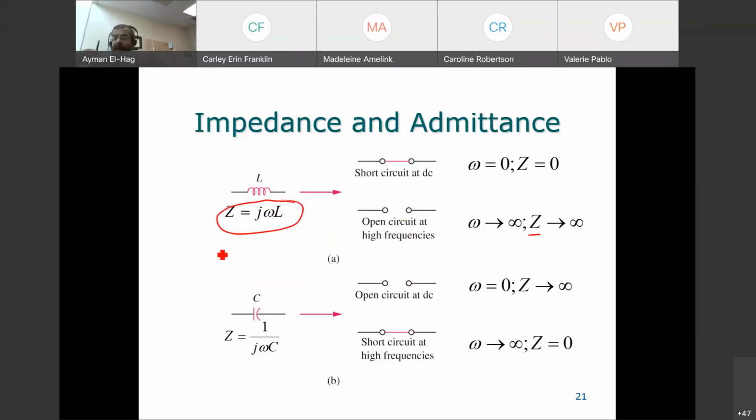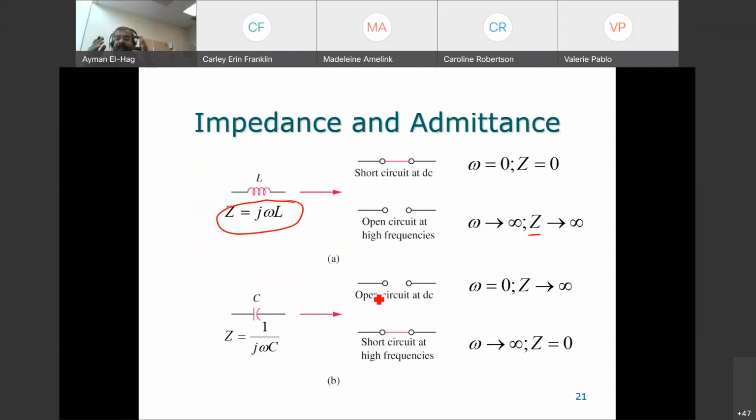The capacitor is the opposite. At omega equal to zero, when you divide by zero, this becomes infinity. So this becomes an open circuit. When omega goes to a very high value, the capacitor becomes a short circuit.